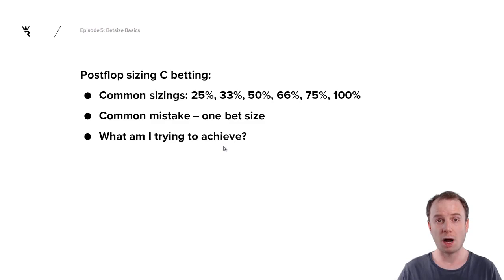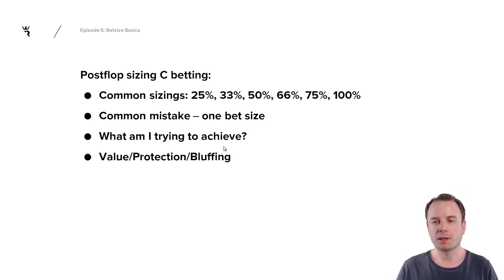There's lots of reasons why we choose bet sizes. Just make sure that you're thinking about why you're choosing this bet size. Don't just blindly bet 50%, 50%, 50%, because there's usually going to be better sizings that you can use, which is going to give you a better EV in the end, and maximize your win rate.